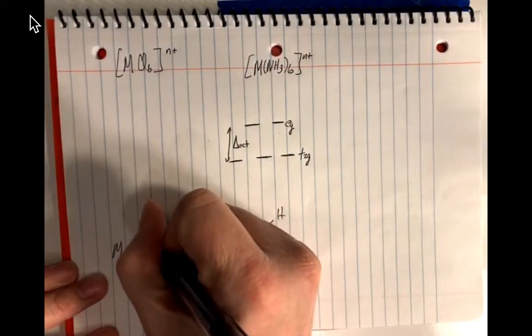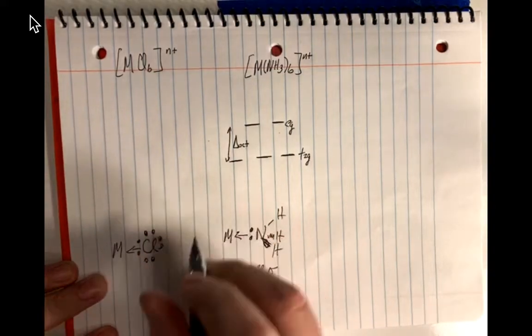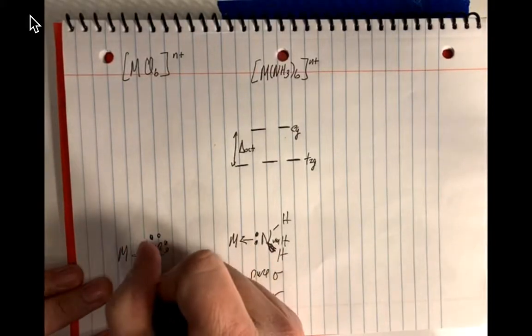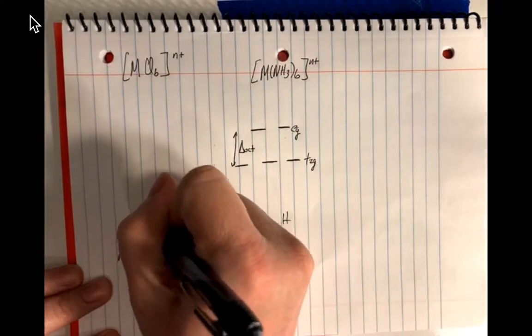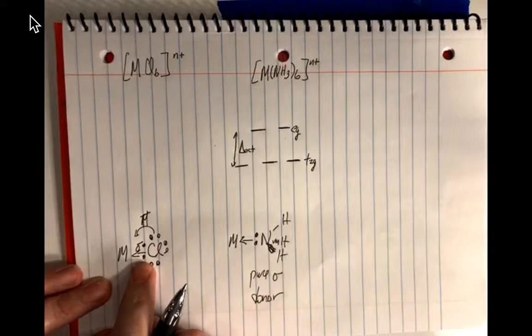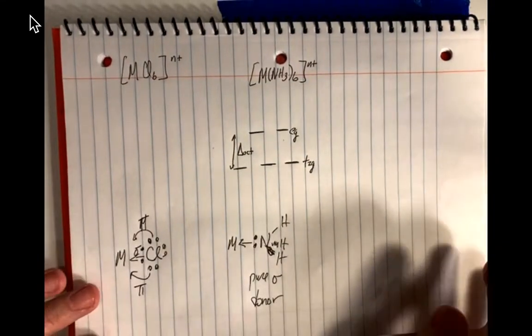But we've also got, at right angles to that lone pair, lone pair on top, lone pair on bottom, that also does a type of pi donation into the metal center. So we have a sigma bond that's formed by one of the lone pairs, and then say the other two lone pairs are forming a pi bonding interaction.